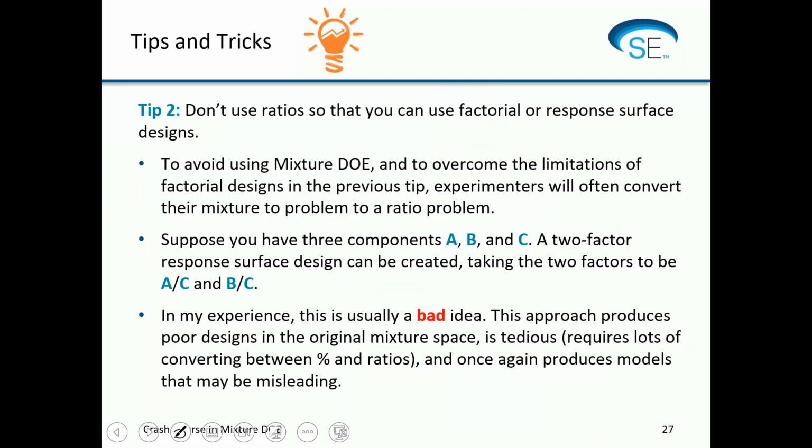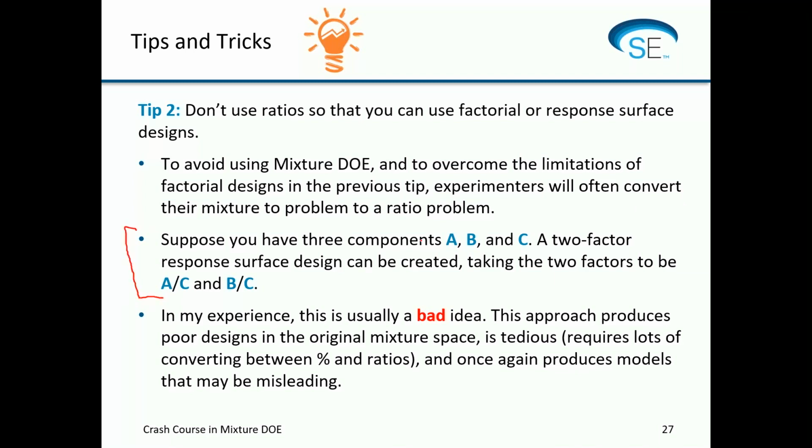Now, the second one that's somewhat related is don't use ratios so that you can use a factorial or response surface design. I see this very commonly, even with some statisticians. I have no idea why, but I've seen some statisticians say, you know what, I don't want to learn mixture DOE. Let's convert everything to ratios so that we can use a central composite design, for example. So here's what the setup looks like.